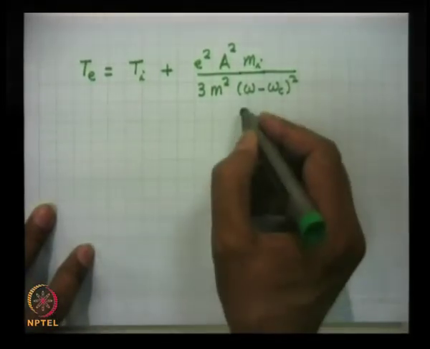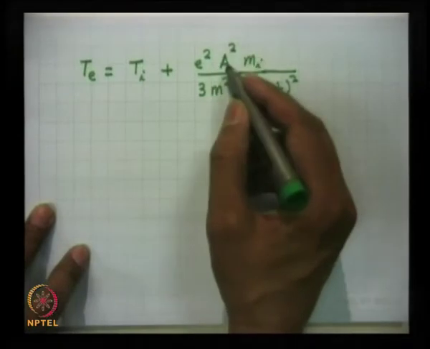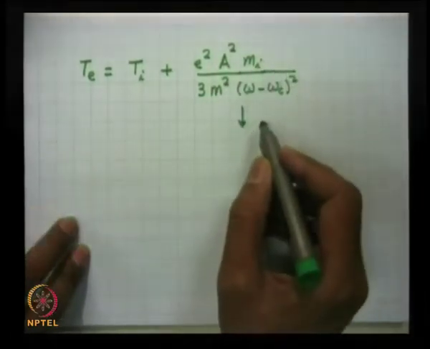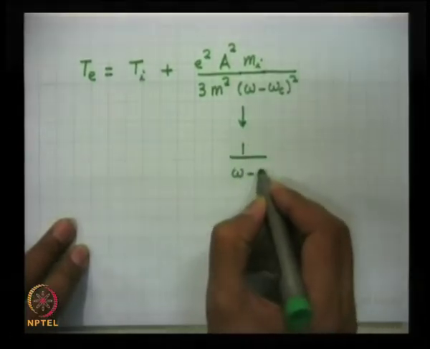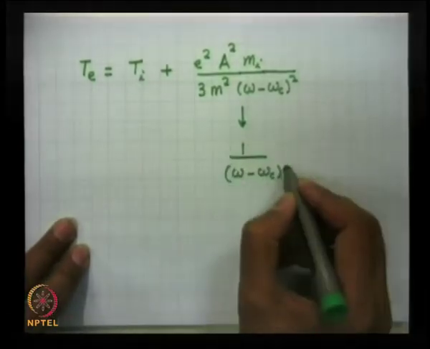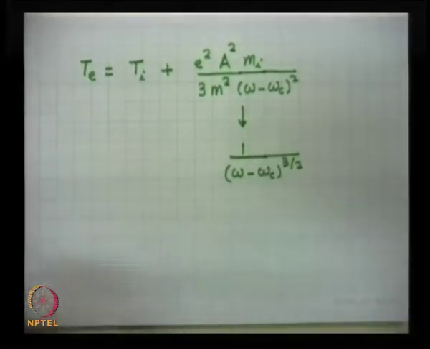As I mentioned, A square decreases as (omega minus omega c) to the half, so this goes as 1 upon (omega minus omega c) to the power 3 half. That is something beautiful here.